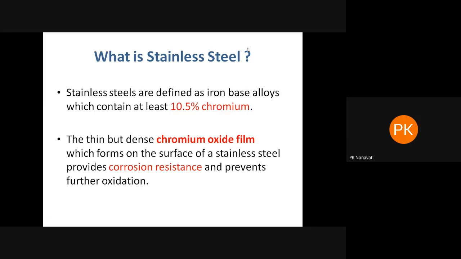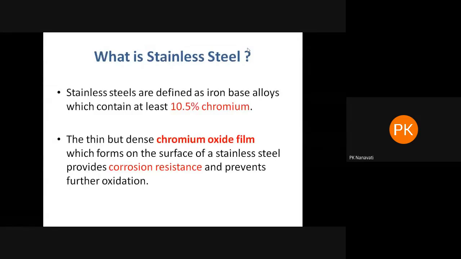So you should know that stainless steel is a material which provides corrosion resistance, and this corrosion resistance property is because of the chromium, at least 10.5% minimum chromium in the composition of the steel.